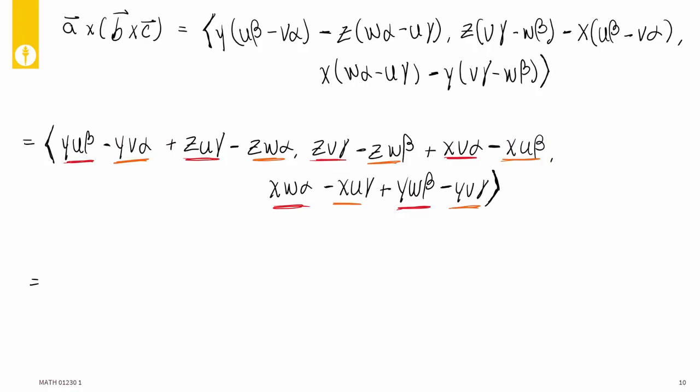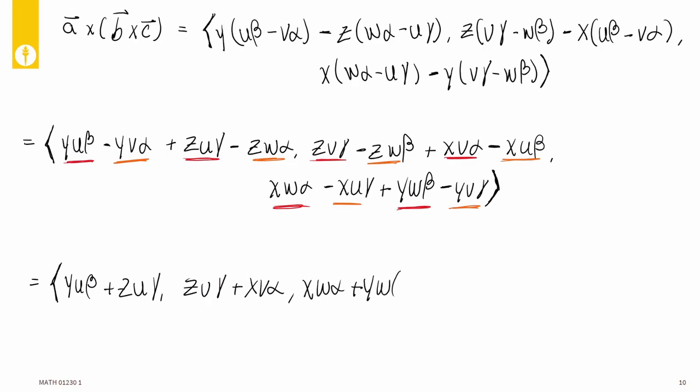Reds are one vector, oranges are the second vector. I notice that every orange is negative, so I can factor out a negative.